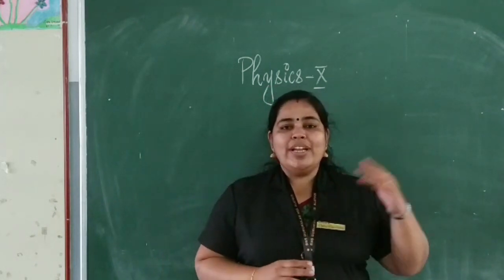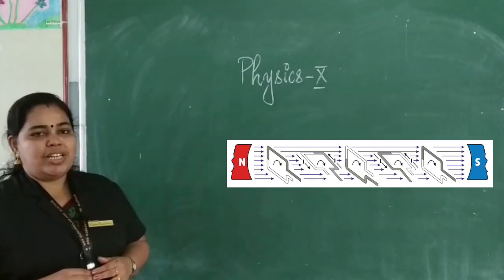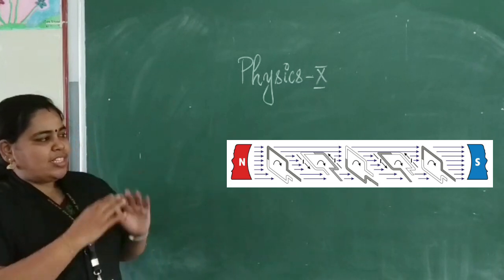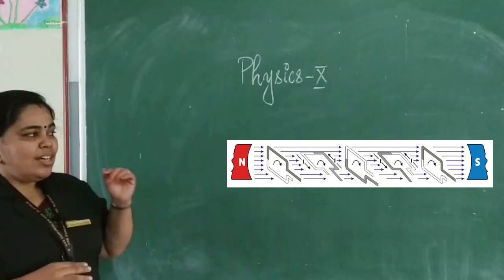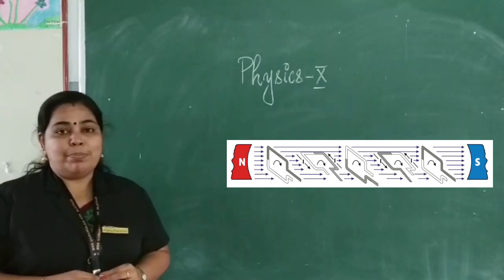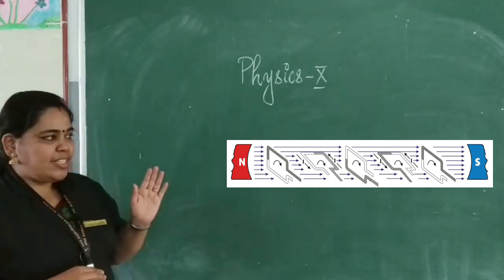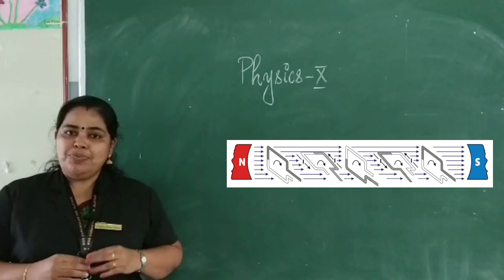Now, look at the figure. Here, the rotation of the armature at different stages is given. Look at the first position. The armature is perpendicular to the magnetic field lines.